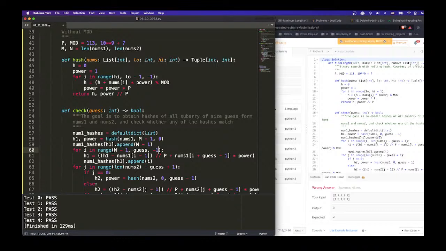It reached the one before, so this actually has to be guess minus 1. Let's see, 2, 3. So if I say 3, then I need to go here, 0, 1, 2. I need to reach 2. It's actually minus 2.